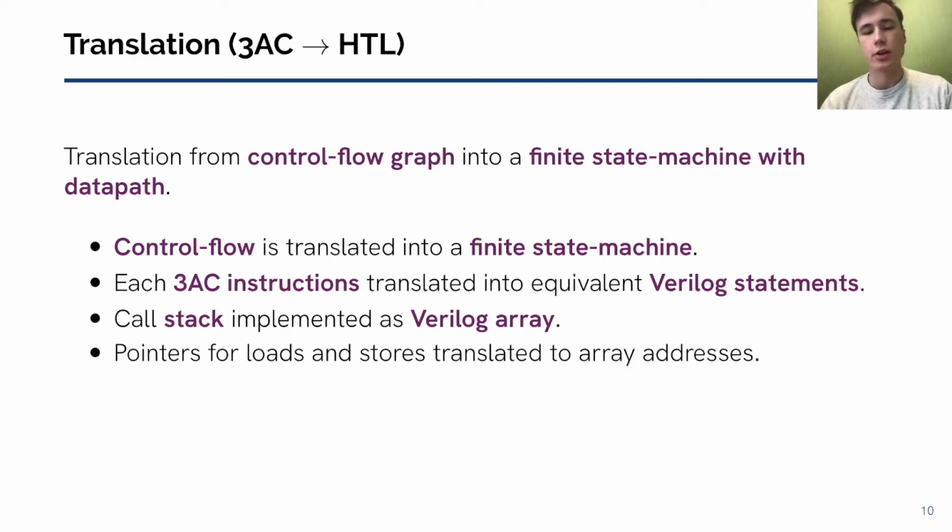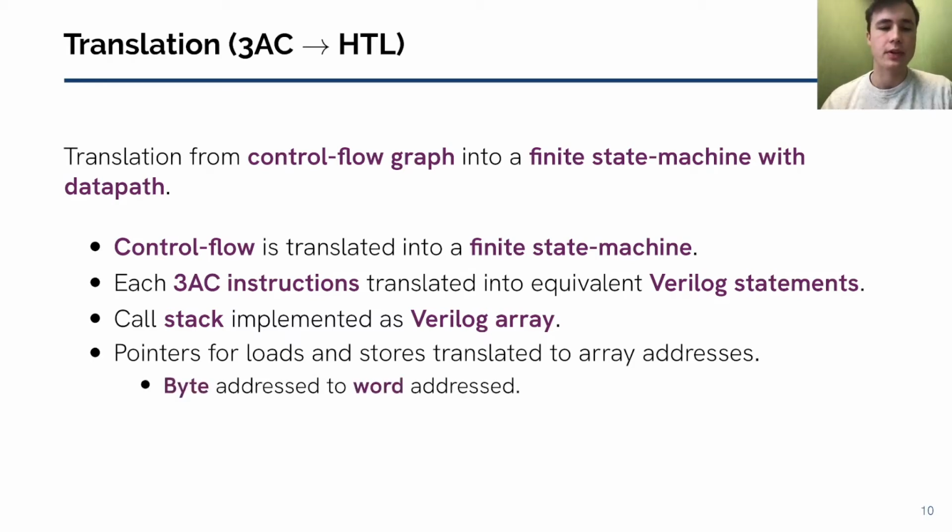Pointers, which are passed to loads and stores, are then translated to direct array accesses and to addresses into that array. And the main difficulty with this translation and the proof of this translation is that we actually need to translate byte-addressed pointers into word-addressed array addresses.